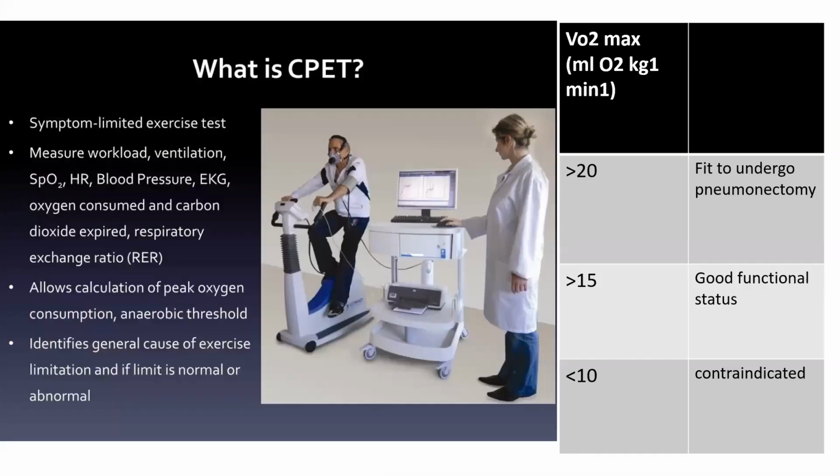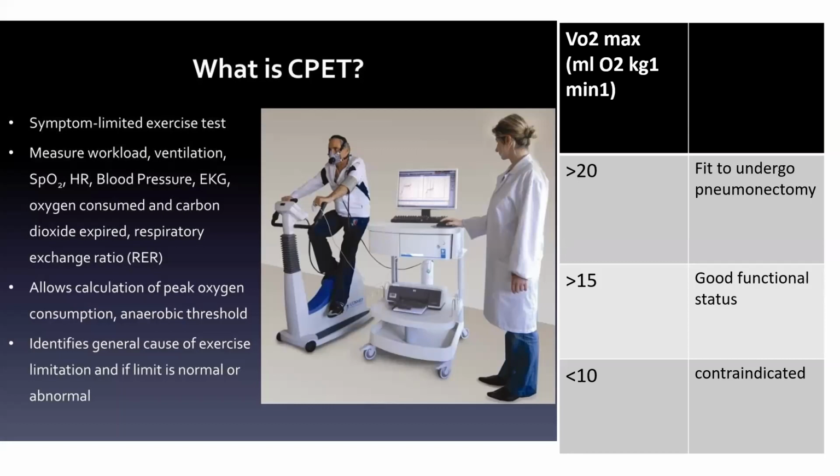CPET testing is available in Queen 1 under respiratory. It's an exercise test that requires the patient to be on a treadmill or stationary bicycle, in which the patient walks, and ventilation, SpO2, heart rate, ECG, as well as VO2 max will be monitored.